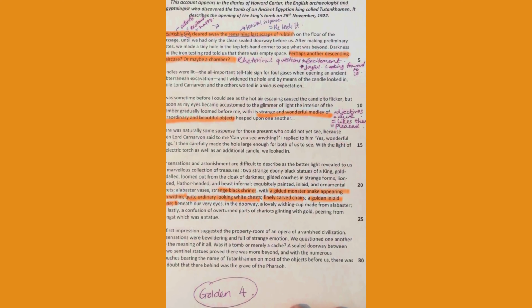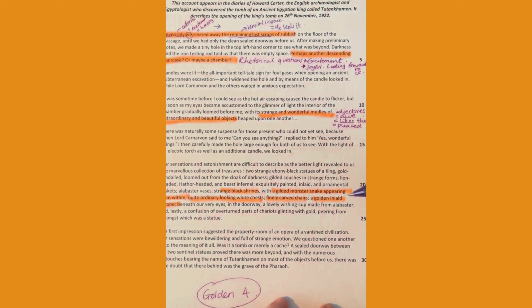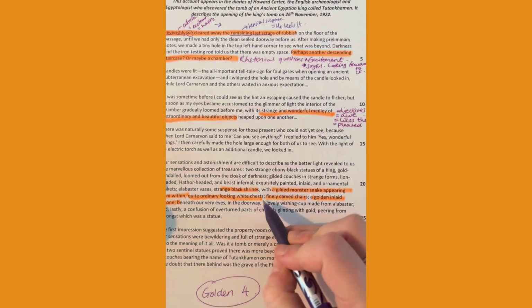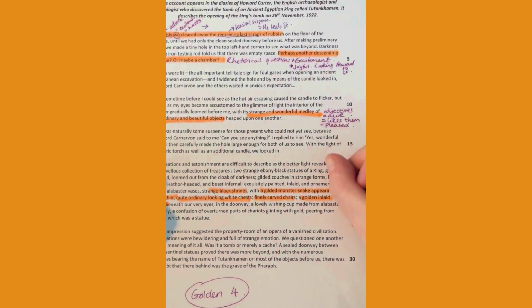We're analysing, remember. So things like "strange black shrines with a gilded monster snake appearing from within, quite ordinary looking white chests, finely carved chairs, a golden inlaid throne." So he's listing all the things that he's seen, but there are no pauses in between. There's a pause as in punctuation, but there is nothing, no other words within. So we can use that.